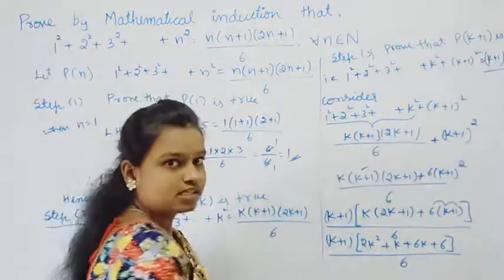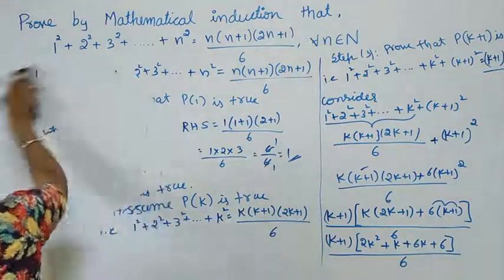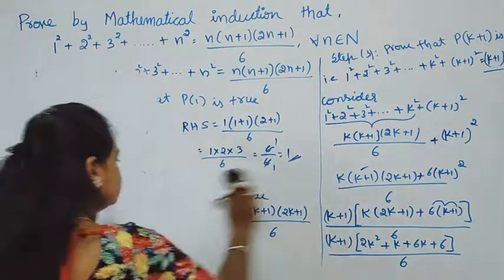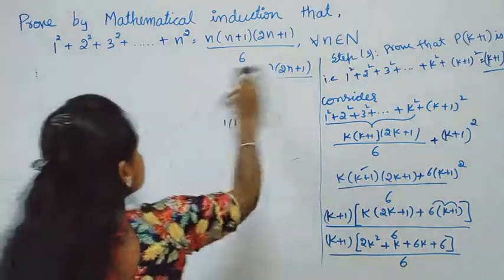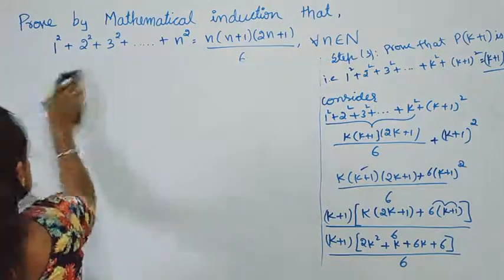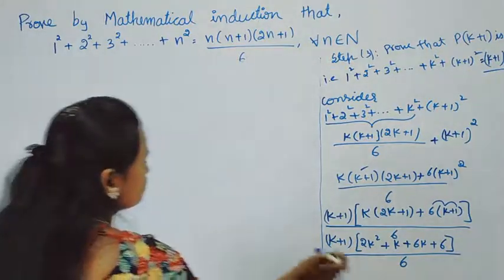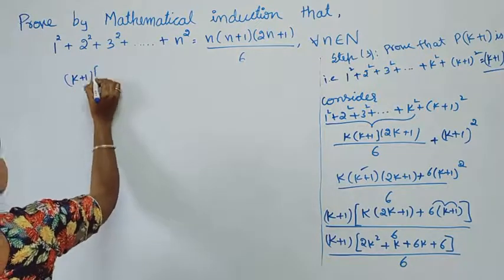We have to factorize this one. So what are the remaining terms? We have k plus 1 into.